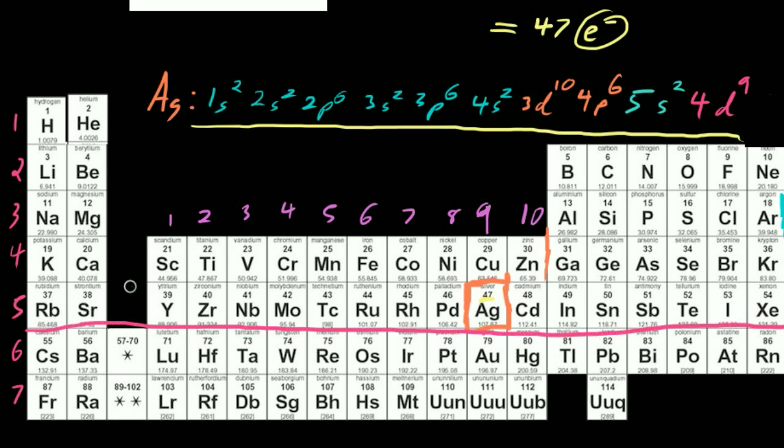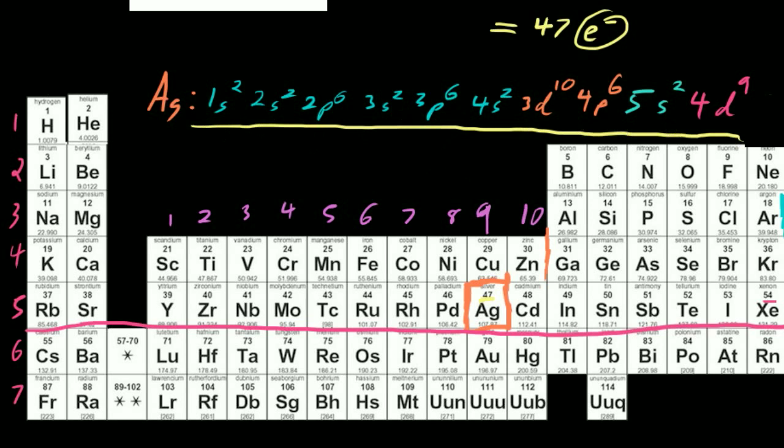Now what I want to talk about, and I kind of foreshadowed this at the beginning of this video, is that there are 54 elements above this line that we drew, because our last element is 54, and there are only two exceptions that don't really follow this rule.